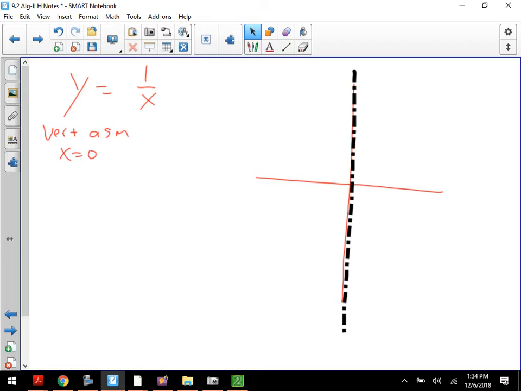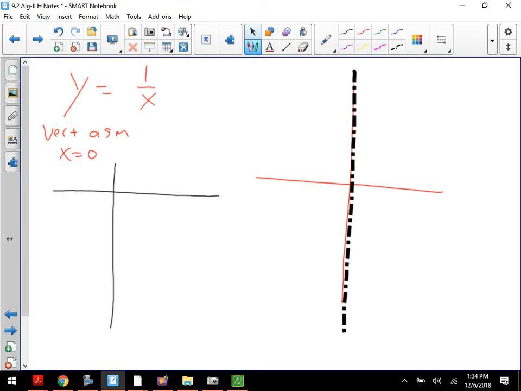Now, when we go back to the whole graphing idea, I always like to pick values of x and just substitute them. With our asymptote at 0, I want to pick a couple numbers to the right and a couple numbers to the left. Let's do 1 and 2 on both sides.